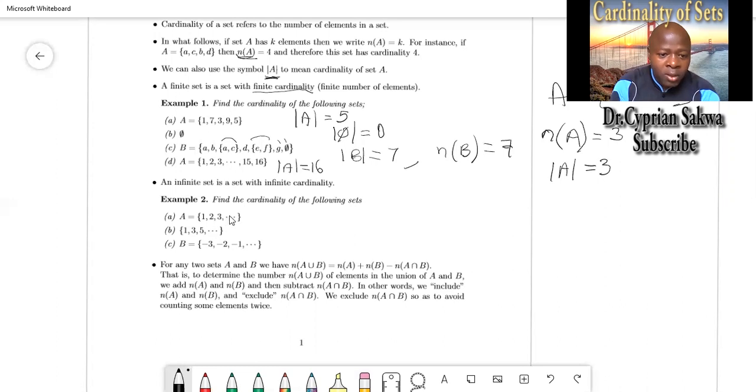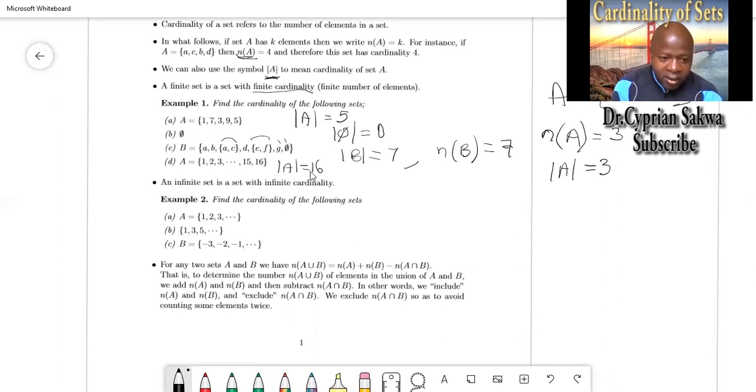Then the pattern continues. We do not know the last element here. There are infinitely many elements. The last element here is not stated. So this is a set of infinite cardinality.